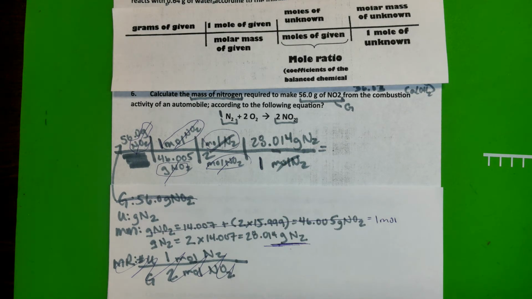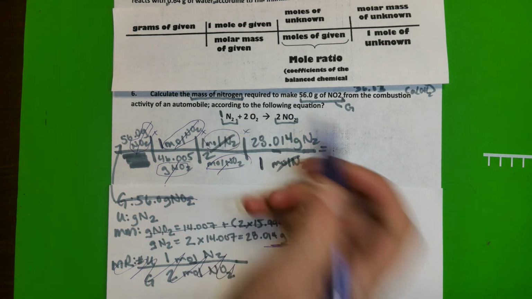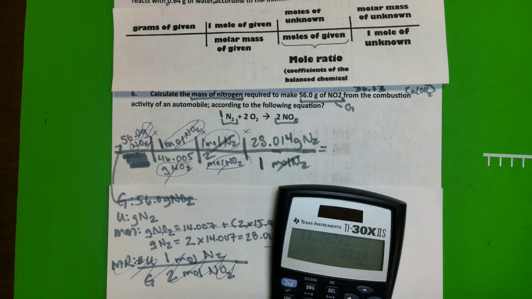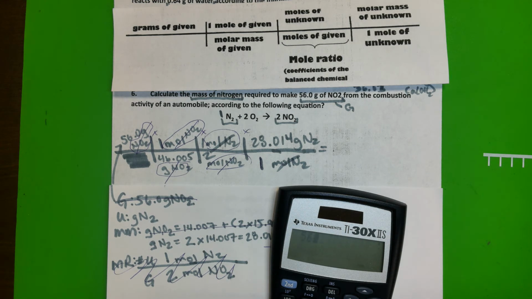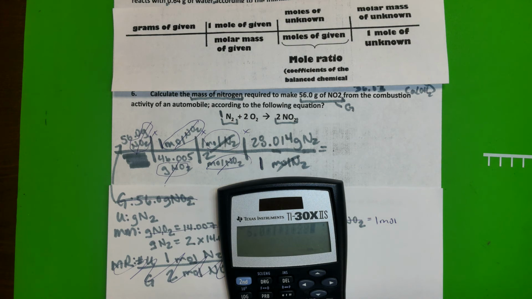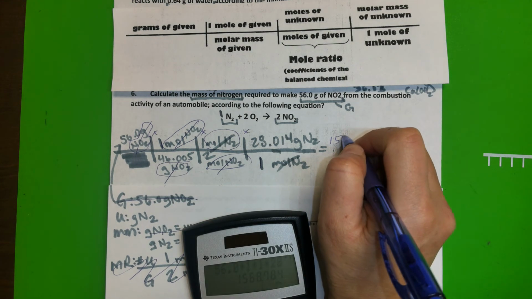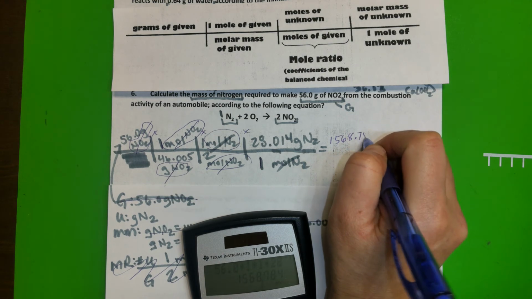Now we have to calculate it. You've got to multiply the top: 56.0 times 1 times 1 times 28.014. That equals 1568.784.